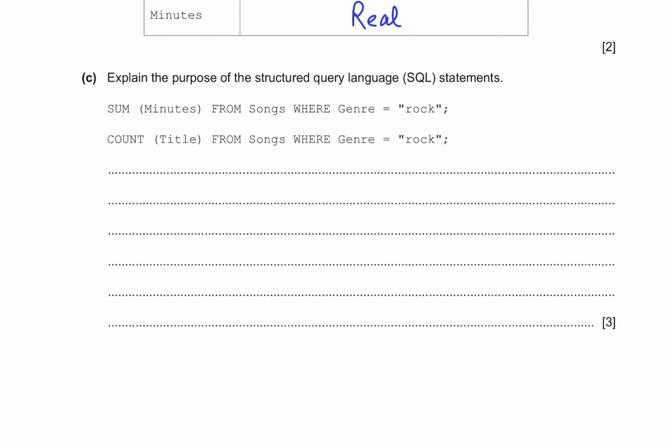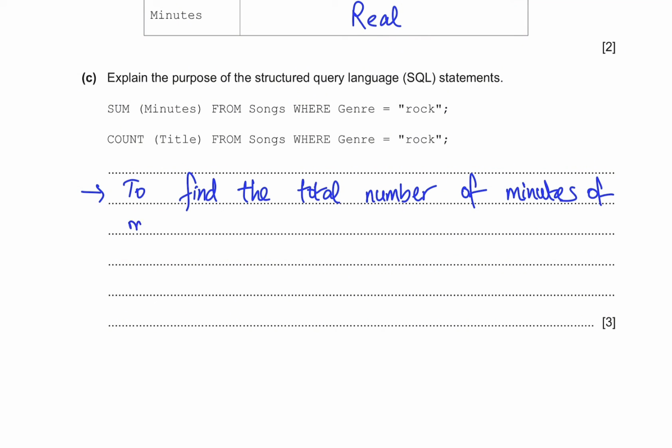The main purpose is, you could say, to find the total number of minutes of music. Okay, to find the total number of songs.